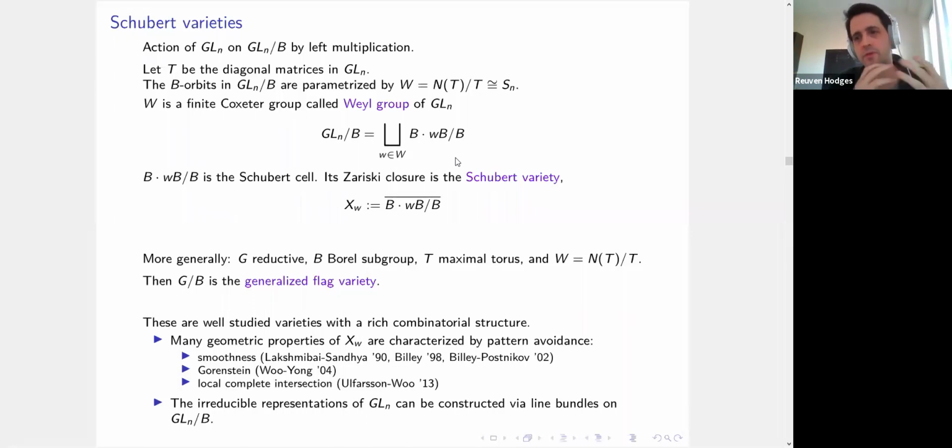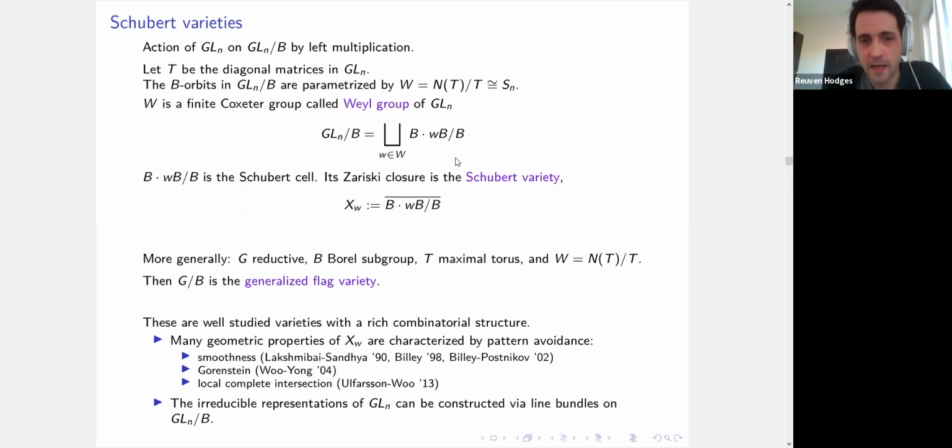Okay, and so these Schubert varieties are very well-studied varieties. They have rich combinatorial structure. Many people, including myself, make their living studying these things. But I want to highlight two important properties that are going to be important specifically to this talk.